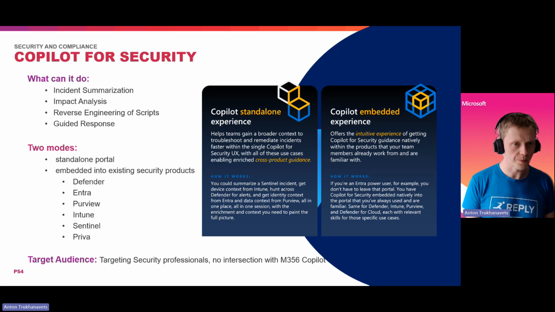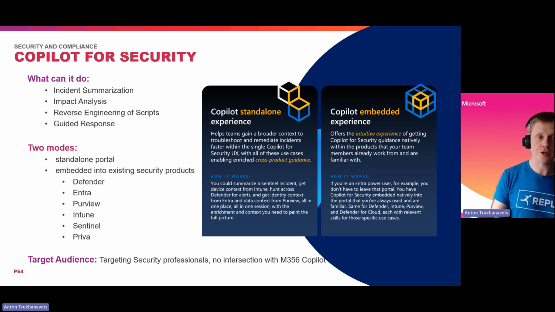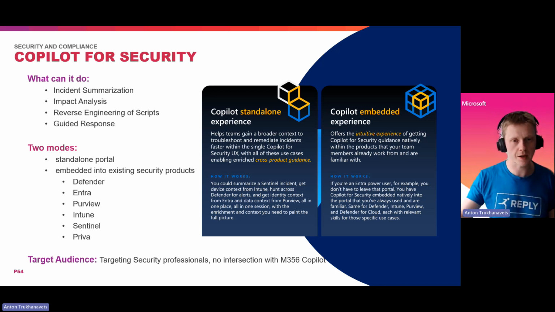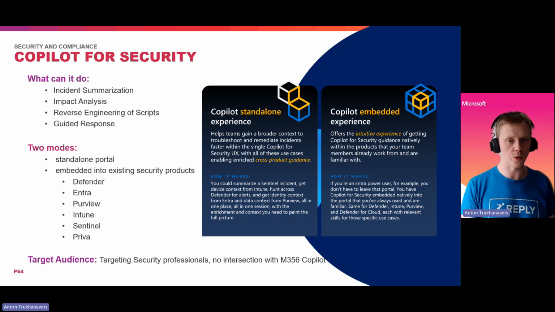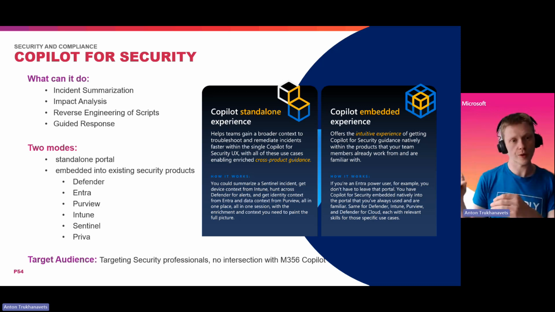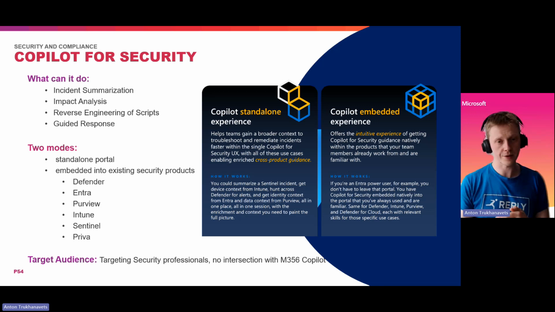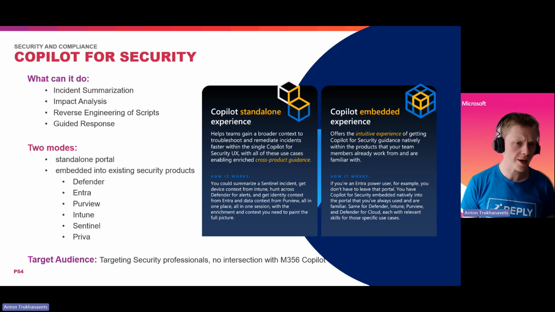So we'll start with the first one, which is Copilot for Security. What it can actually do is summarize your incidents, do impact analysis, and reverse engineer some PowerShell scripts. For example, if a script was flagged as malicious by Defender, you should be able to use Copilot for Security to unpack the script and explain what's going on there.